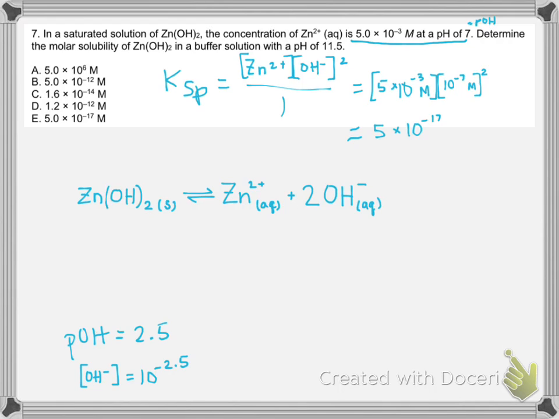If I know my hydroxide concentration, I can solve for my zinc ion concentration using the KSP.